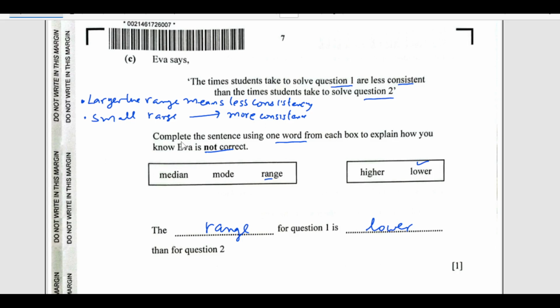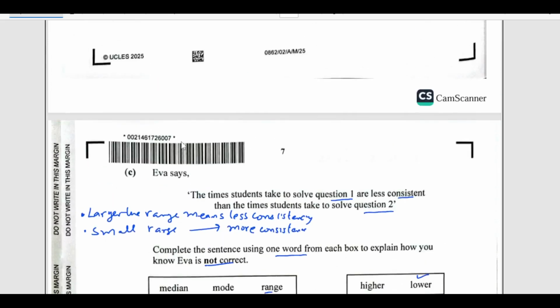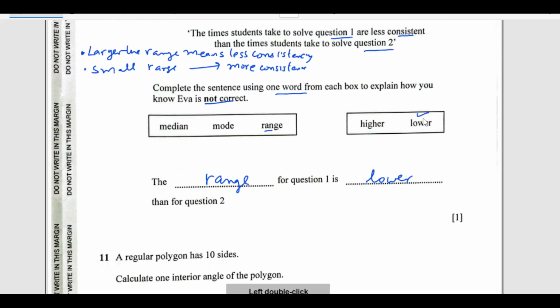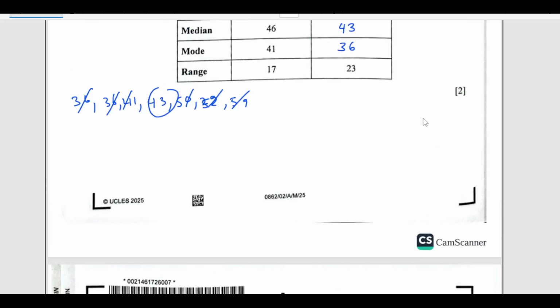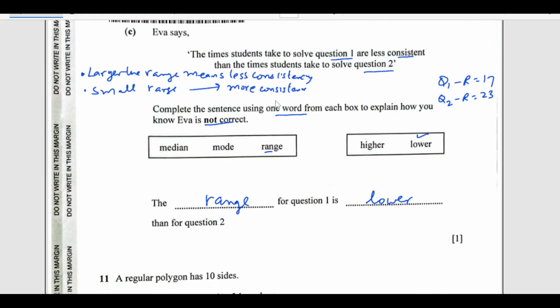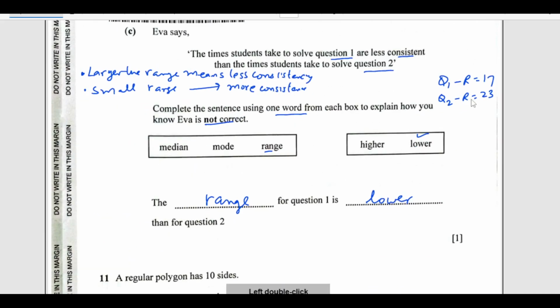She is saying that the times students take to solve question 1 are less consistent. For question 1, the range is 17, and for question 2 the range is 23. So the range of question 2 is more than question 1, so her statement is not correct, right?